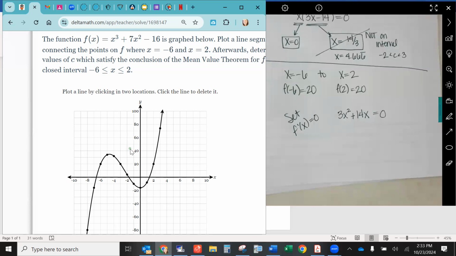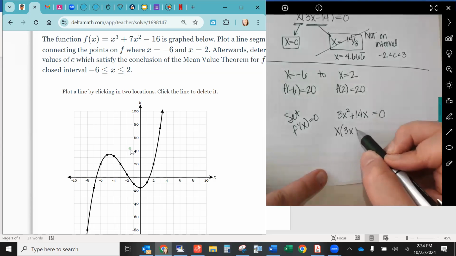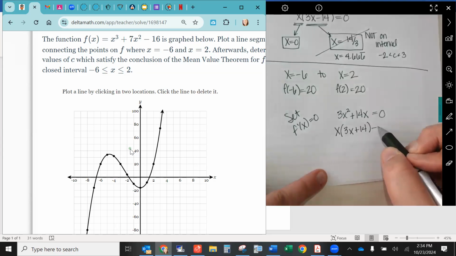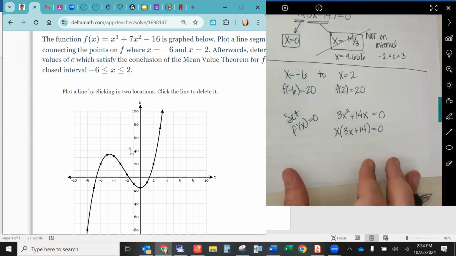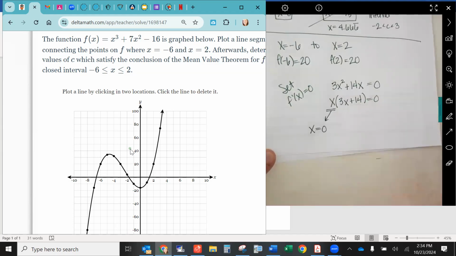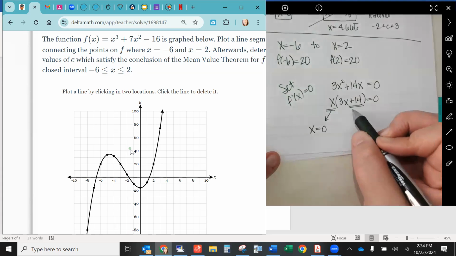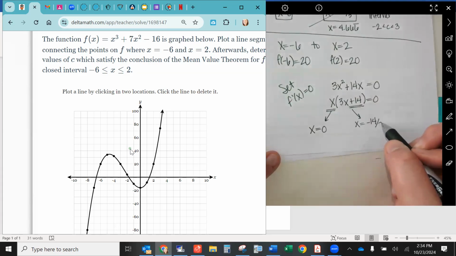Okay, we're going to pull our x out. I'll have a 3x plus 14 this time. What will the x on the outside give me as an answer? 0. And then what will the 3x plus 14 give me? It'll be a -14 and then divide by 3.